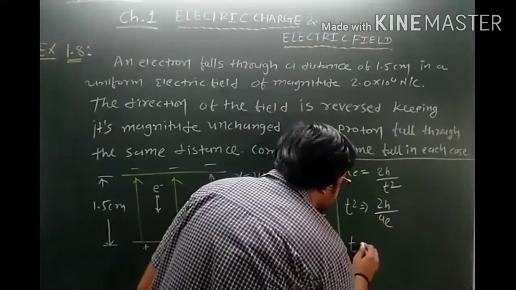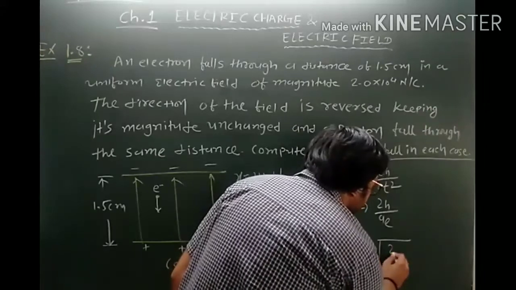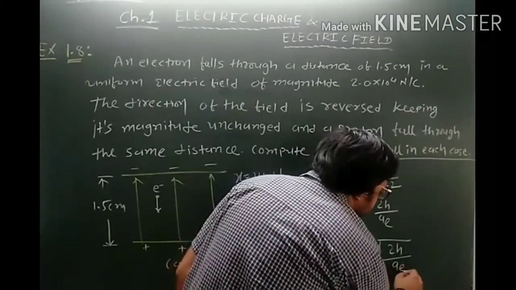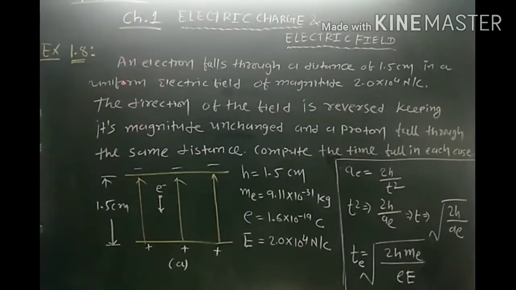So t square is 2h by a_e. Here it is already given that the electron falls through a distance of 1.5 centimeter, so h is equal to 1.5 centimeter. We already know the mass of the electron is 9.11 into 10 to the power minus 31 kg, the charge of the electron is 1.6 into 10 to the power minus 19 coulomb, and the electric field is 2.0 into 10 to the power 4 Newton per coulomb.